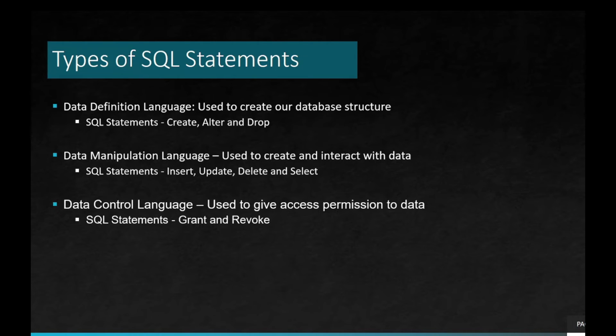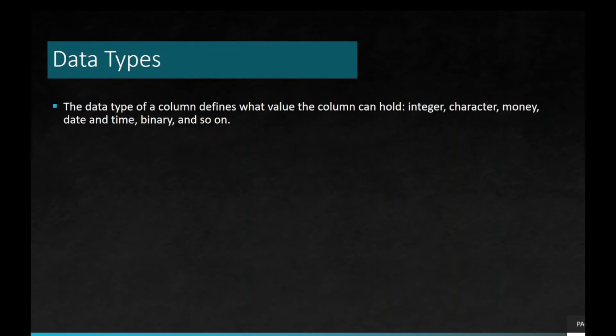In the next lecture, we're going to be taking a look at data types. The data type of a column defines what value the column can hold, like an integer, character, money, date and time, binary, string, and so on. If you recall earlier, for your table to be in first normal form, you can't store different data types in the same column.